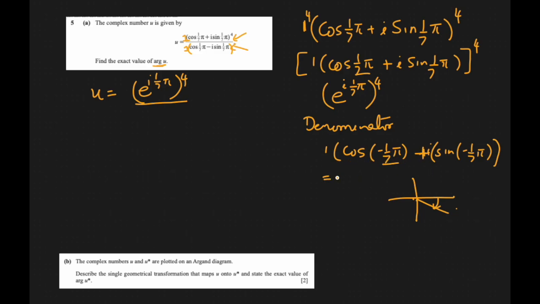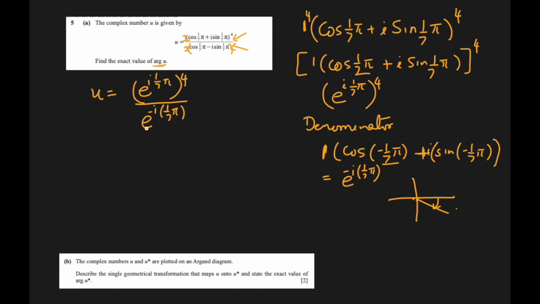So this becomes e to the power i, and the 1 I'm ignoring again because 1 doesn't make any difference, negative 1 over 7 pi. So I will write that here, e to the power negative i 1 over 7 pi, like this.